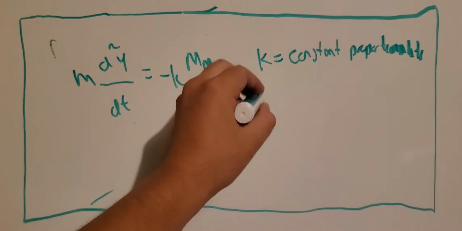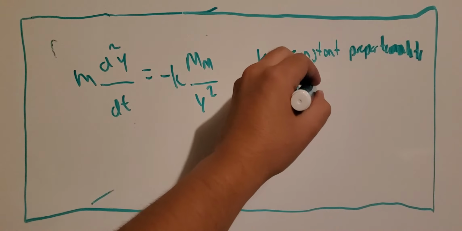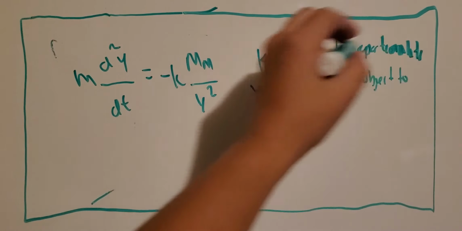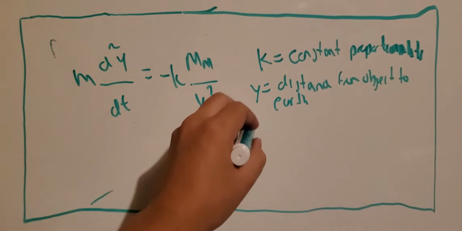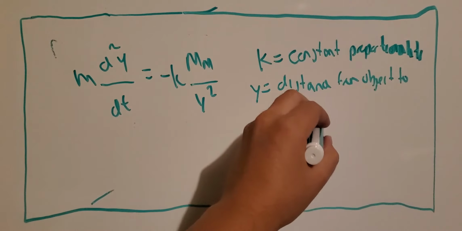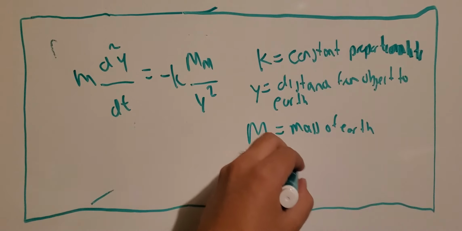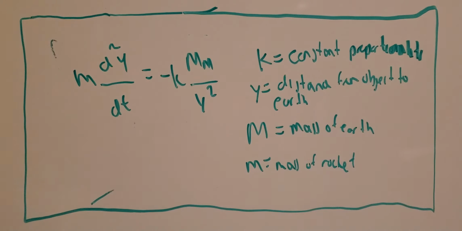Y is distance from object to center of the earth. Pardon the bad writing. Capital M and lowercase m. Capital M is mass of the earth, and lowercase m is mass of rocket. So these are basically the four variables that you would encounter in equation 12 on page 255.